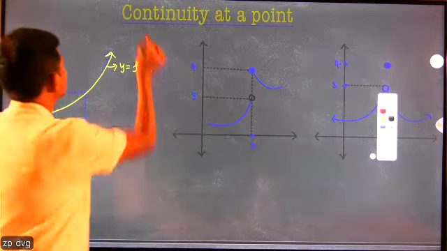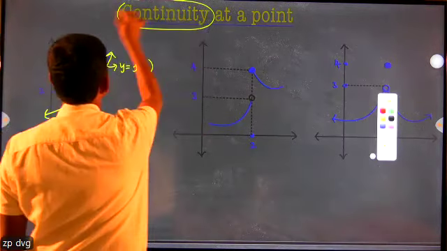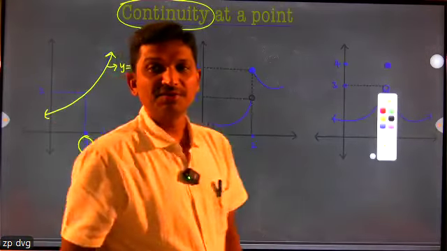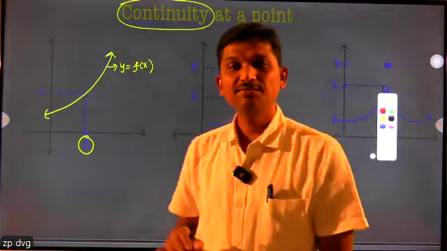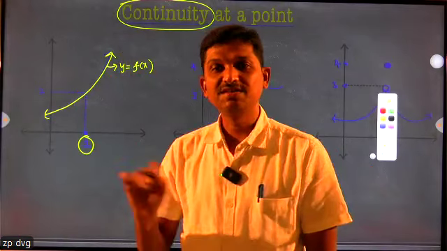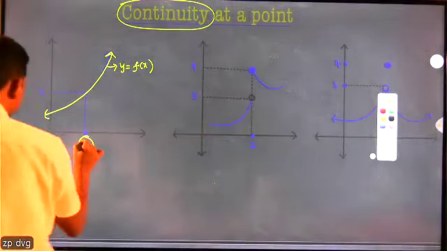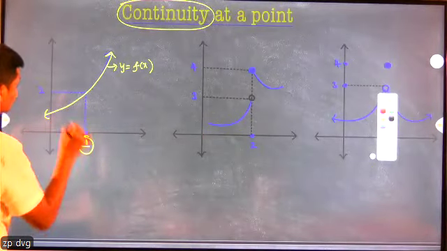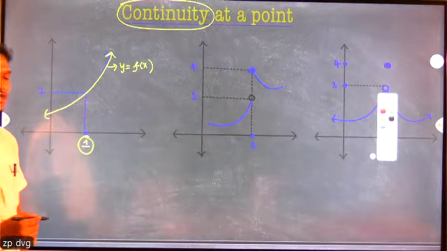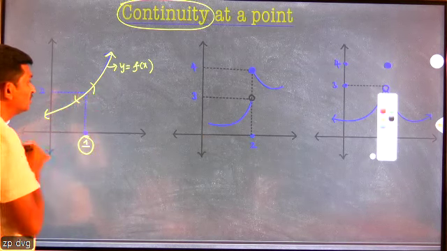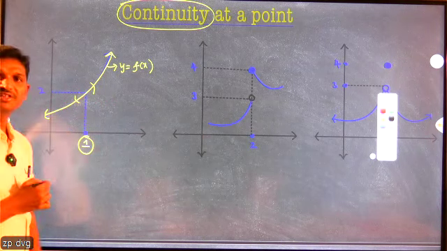See, the meaning of continuity is there in the word itself, continuous. When we say a graph is continuous, if we can draw the graph on its entire domain without lifting the pen, then we say the function is continuous. I'm asking at 1, is this function continuous or not? You observe at this point, in this part, is any gap there?